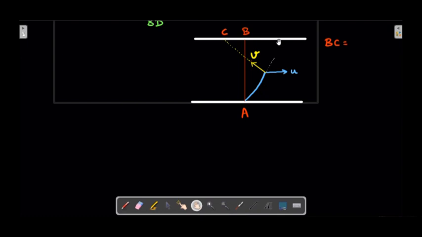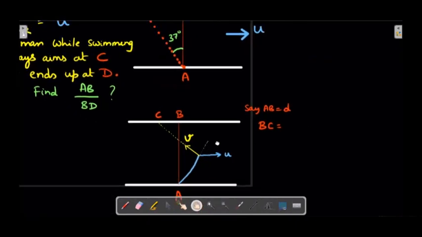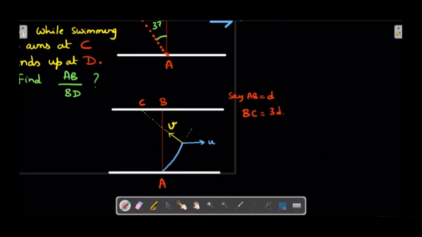If AB is equal to d, I'll have to eliminate d at the end. That would be d tan 37, so 3d by 4. Okay, I'm just keeping it like that. And then the position of D is somewhere here. Okay. So the man M is here.